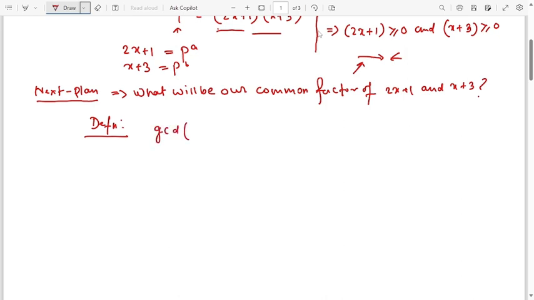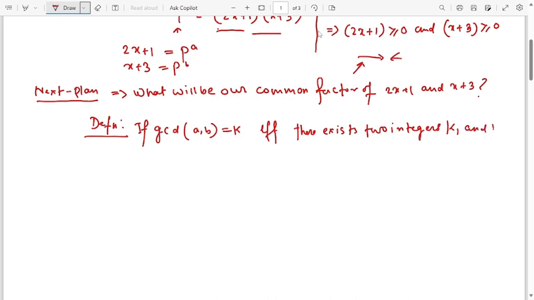GCD of a and b, two numbers suppose, is equal to k if and only if there exist two integers, say k1 and k2, such that a times k1 plus b times k2 is equal to k.